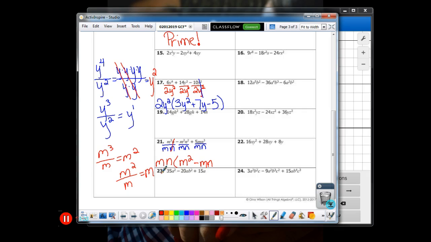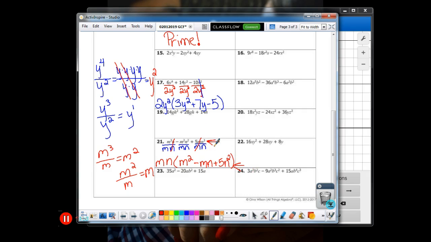And then 5 divided by no number is just going to stay as 5. Then these m's cancel out. Then n cubed divided by n would be n squared.